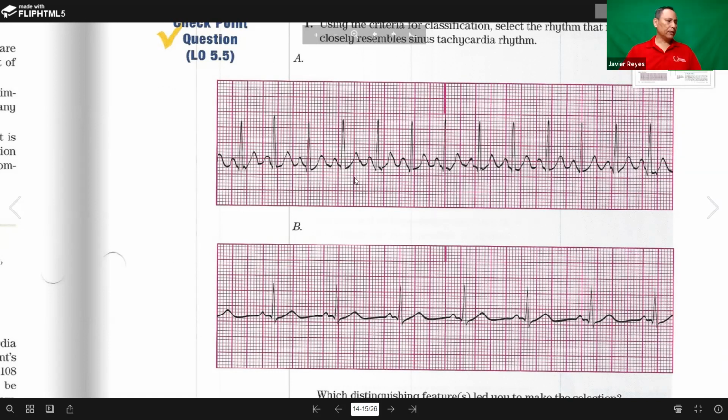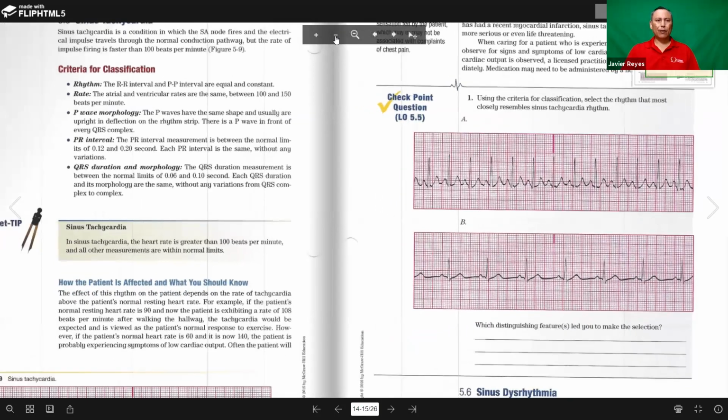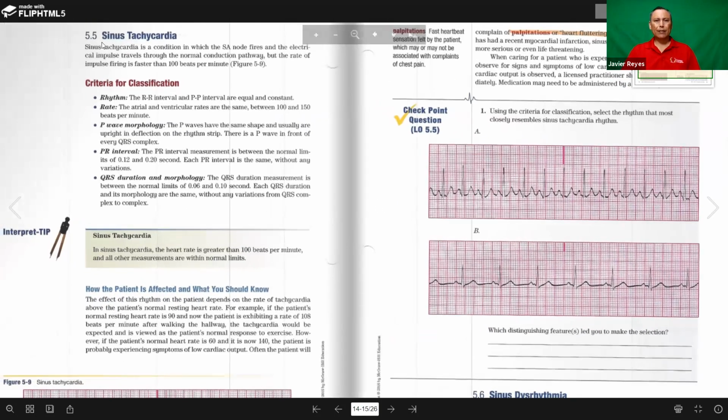So what do we call this rhythm? It's on page 134. Tachycardia. Sinus tachy. Remember, if you have a P wave, it's a sinus.